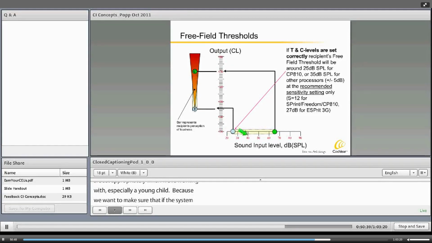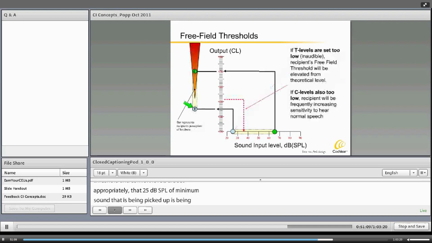And so that's why we make sure that those are set appropriately, especially when we're working with a young child. We want to make sure that if the system is set correctly, the input level shown here with this blue dot, if it is being presented at threshold level, needs to be audible.